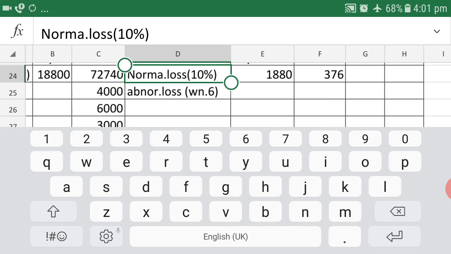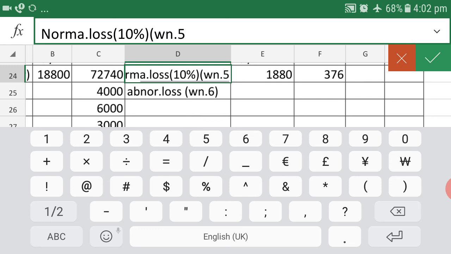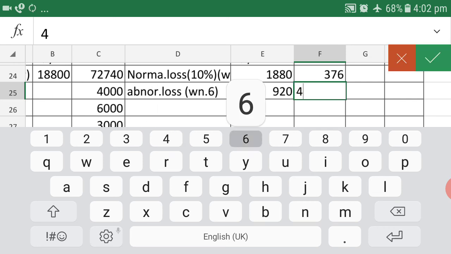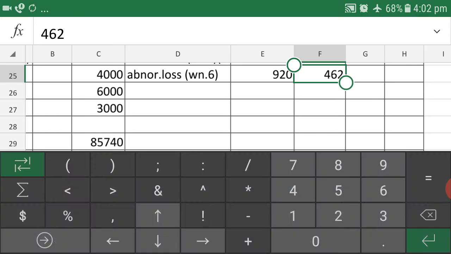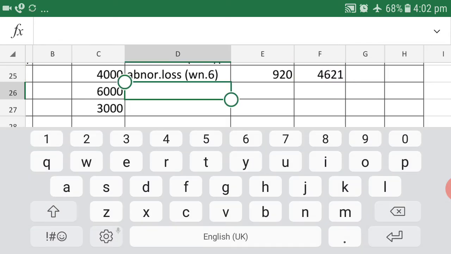Same thing you have to mention here also: working note number 5. Abnormal loss in quantity is 920 units and in value 4,621. Yes. Now let's conclude our table.